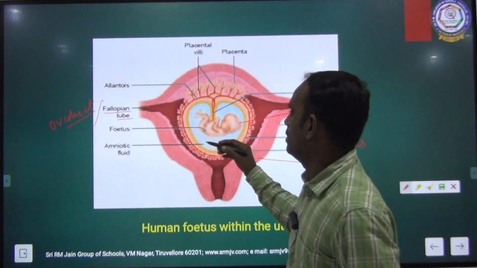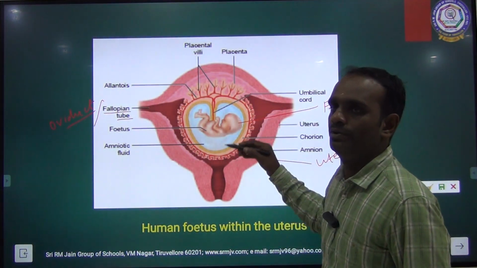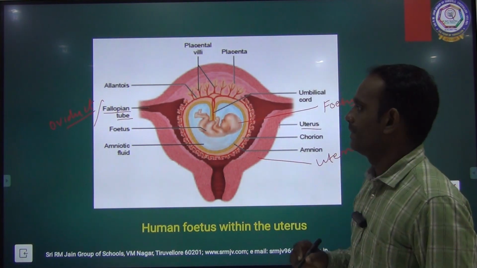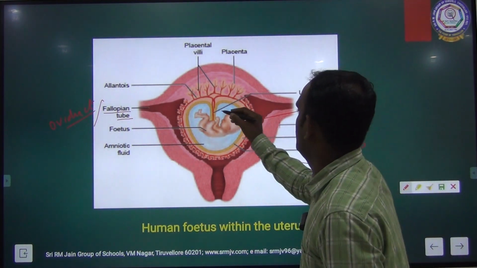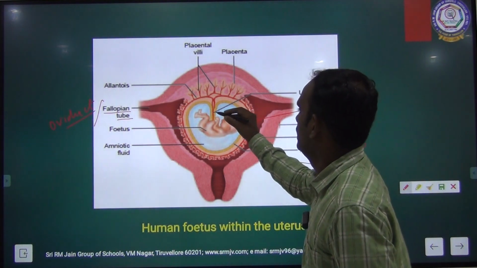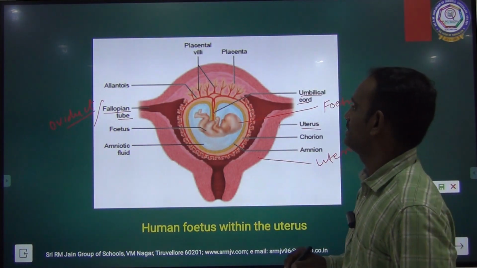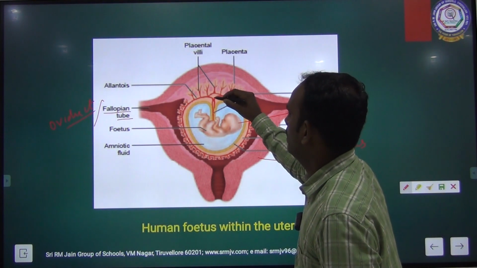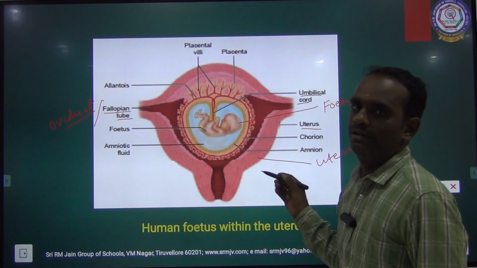Later on the fetus slowly grows inside the uterus. See here, this is the umbilical cord. The umbilical cord connects the fetus with the placenta on the uterine wall.